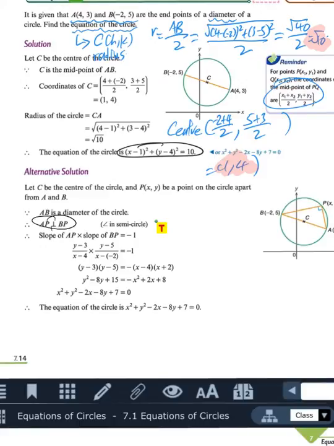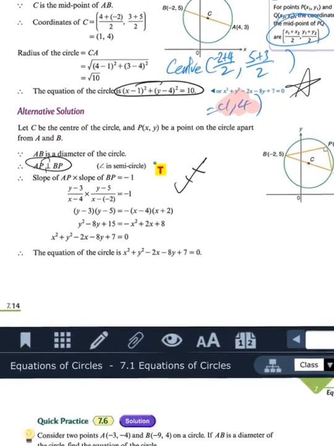The product of their slopes is -1. Then you will obtain the equation of the circle by this formula. But I think this is quite difficult. It's better for you to find the center and the radius of the circle and then write down the equation of the circle by standard form.